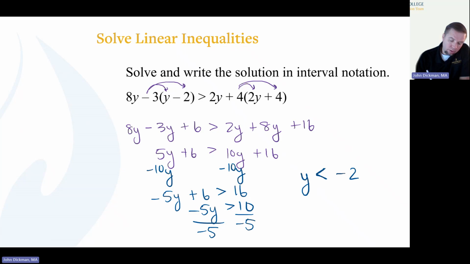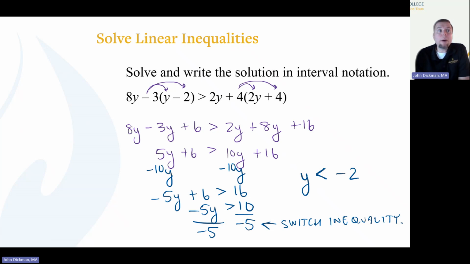Switch the inequality. I divided by a negative number, so I need to switch the inequality. It was greater than, now it's less than. And now I have a variable by itself on the left side of the inequality. I have an arrow pointing left.